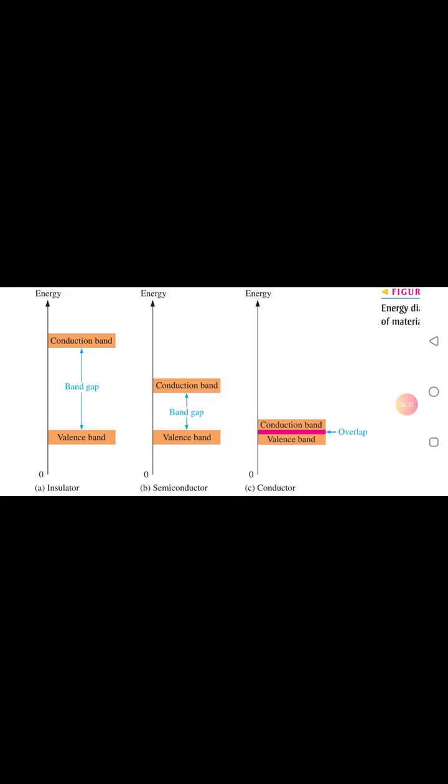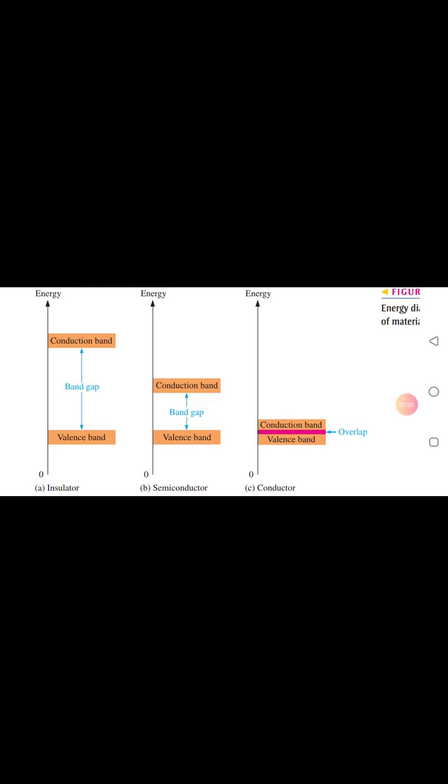There is a huge band gap there, but in the diagram of the semiconductor there is not such a huge band gap. That's why a semiconductor is called semi-conductor. So it is a little bit easier for a semiconductor to conduct current in comparison with an insulator.